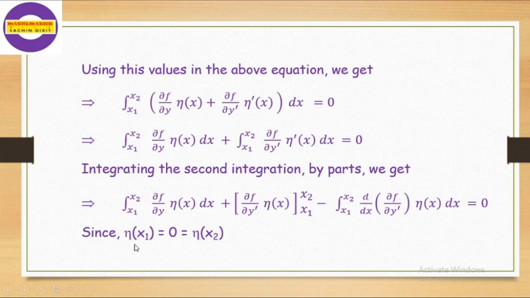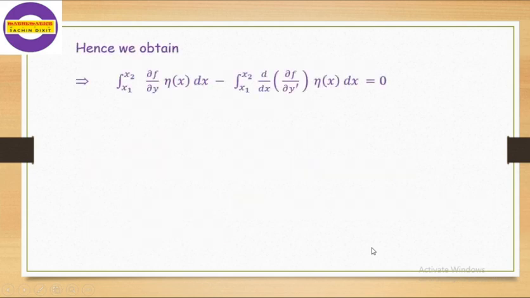The values of eta(x1) and eta(x2) are 0, therefore this total expression will be equal to 0. Hence we obtain integral from x1 to x2 of ∂f/∂y eta(x) dx minus integral from x1 to x2 of d/dx of ∂f/∂y' eta(x) dx is equal to 0.